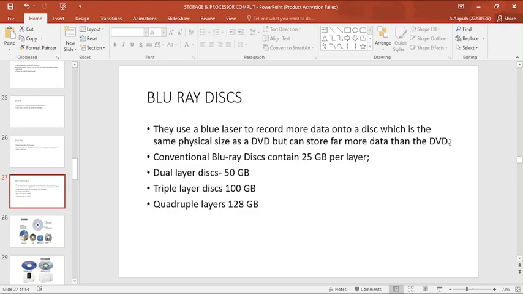In terms of the physical size, it looks the same, but the magnitude of data that this Blu-ray can store far outweighs that of the DVD and the CD. Conventional Blu-ray discs will typically contain 25 gigabytes. The dual layer disc will contain 50 gigabytes, triple 100 gigabytes, then quadruple layers will contain 128 gigabytes.